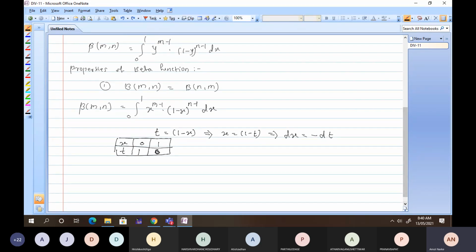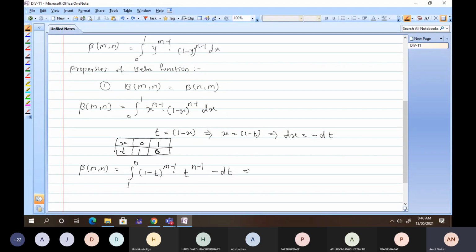So whatever beta you are starting with, beta of m comma n, you can write it as integration from 1 to 0. Instead of x you write 1 minus t, so (1 minus t) raised to m minus 1 into t raised to n minus 1 into minus dt.